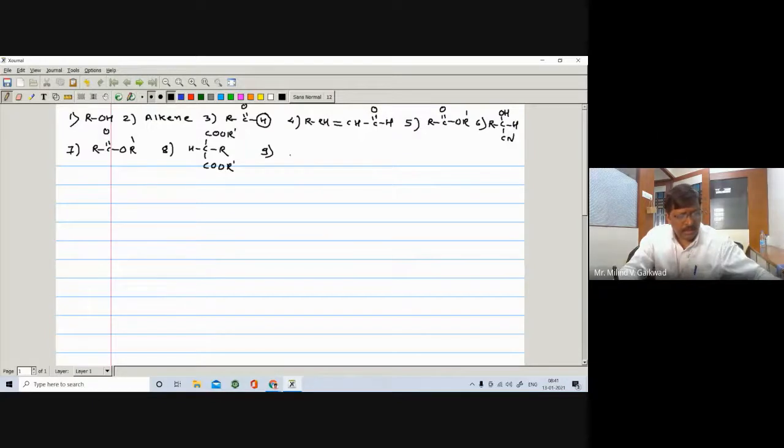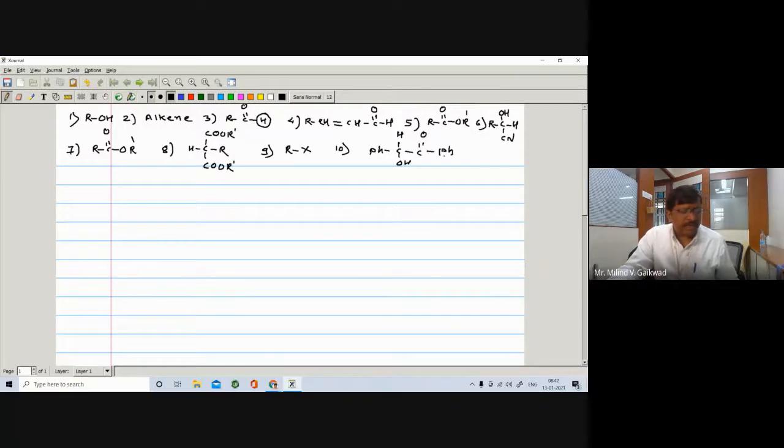Also you have seen retrosynthesis of alkyl halide, RX, and number 10, the name reaction benzoin condensation reaction. So here you are having Ph, then C, here is H, here is OH, here is a C double bond O, and also Ph, right?